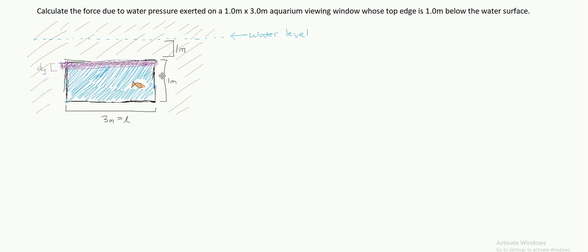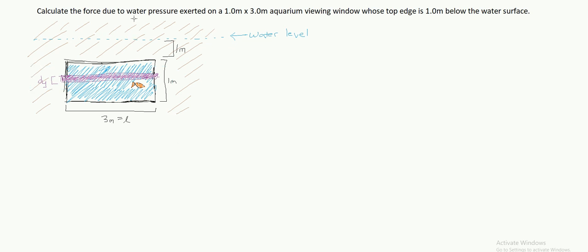We're going to take the force on this area plus the force on this area, and so on, all the way down to the bottom, and sum them all up. We're going to form an integral, solve the integral, and get an answer.